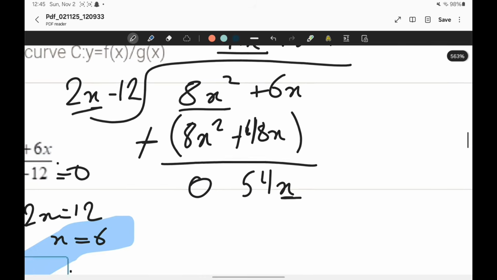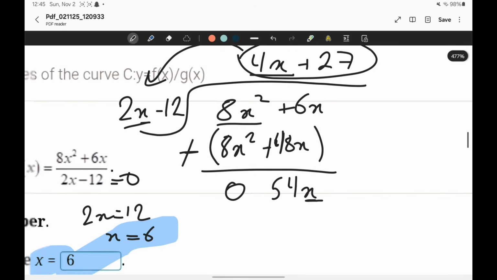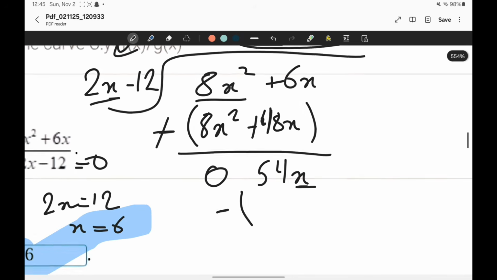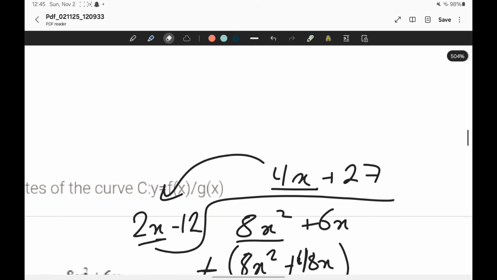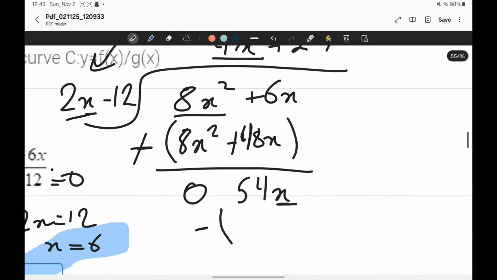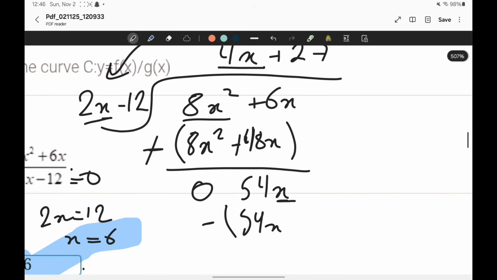Now we're supposed to multiply and subtract. It's not the whole thing, you only take the new part you added and multiply it. So 27 times 2x is 54x, and 27 times negative 12 is minus 324.